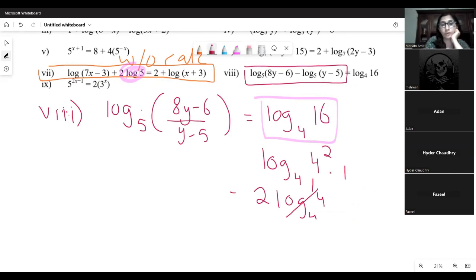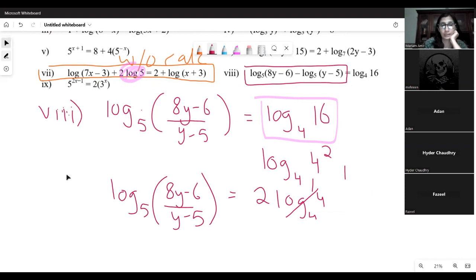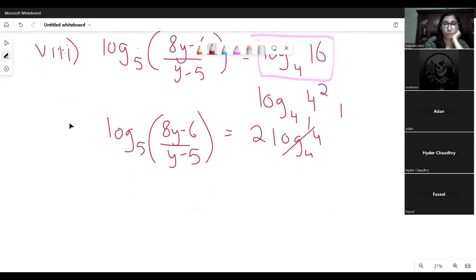And we have log base 5 of (8y minus 6) over (y minus 5). Now log base 5 goes to the other side and it becomes 5 square. So (8y minus 6) over (y minus 5) is 25.